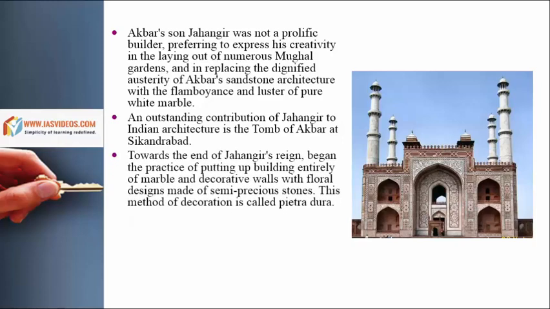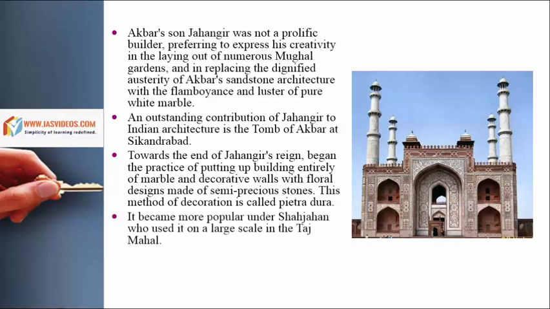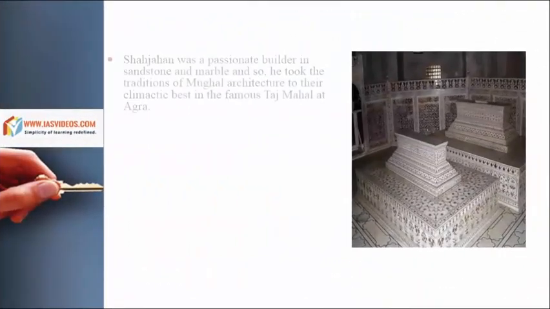Towards the end of Jahangir's reign began the practice of putting up buildings entirely of marble and decorative walls with floral designs made of semi-precious stones. This method of decoration is called pietra dura. It became more popular under Shah Jahan.